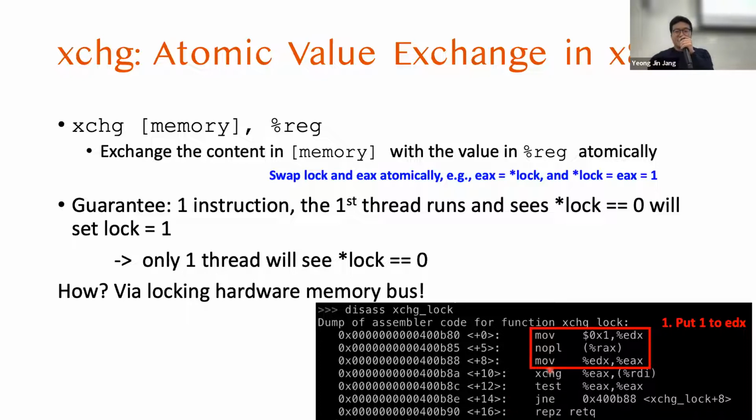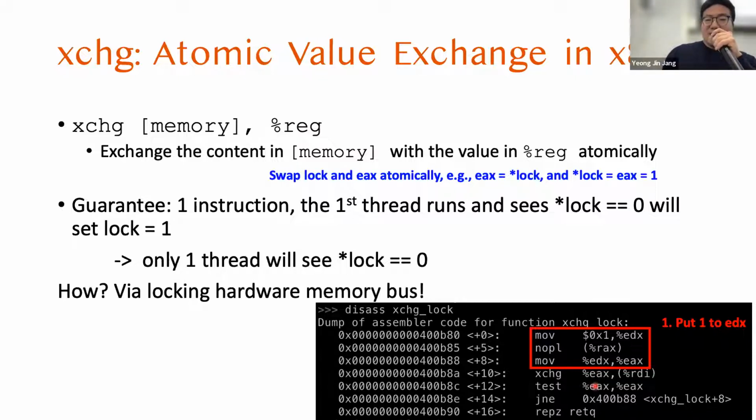So this is the disassembly of the exchange-based lock, and let's take a look at how it goes. It will move 1 to EDX, and then put that to EAX. So we put the 1 to EAX, RDI stores the lock variable address, and then we exchange 1 and the lock variable value.